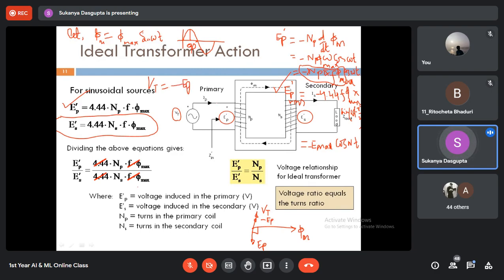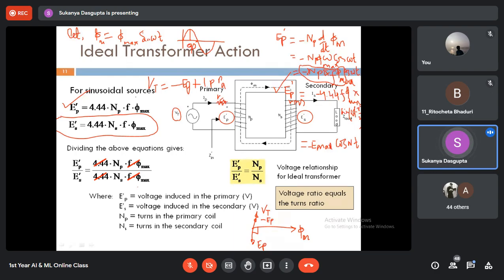And if there are some resistances in the windings, which are really present in a non-ideal, real transformer, then depending upon the winding resistance, say Ra, an Ip Ra voltage drop will be there. In that case, VT minus the drop, Ip Ra, equals the EMF induced at the primary side, right?